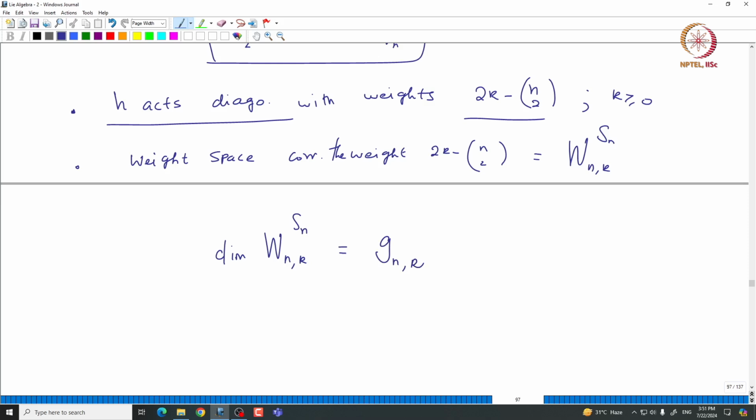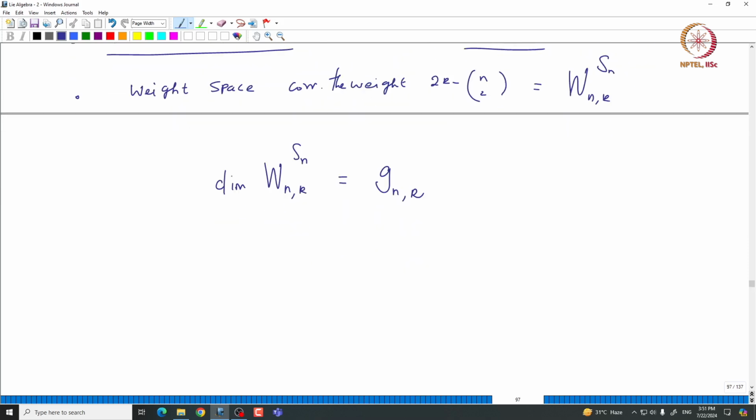And you can see that all these weights, 2k - n choose 2, have the same parity as n choose 2. That means they are all either odd or all even. But we have the inequality that tells us the dimension of V_0 is greater than or equal to the dimension of V_2 and so on. Similarly, the dimension of V_1 is greater than or equal to the dimension of V_3 and so on.